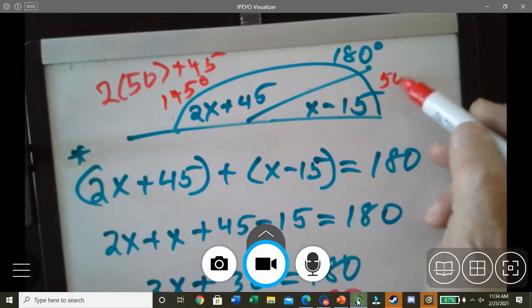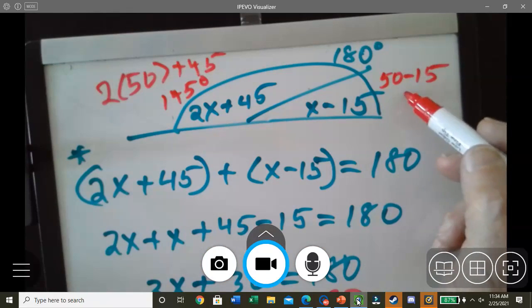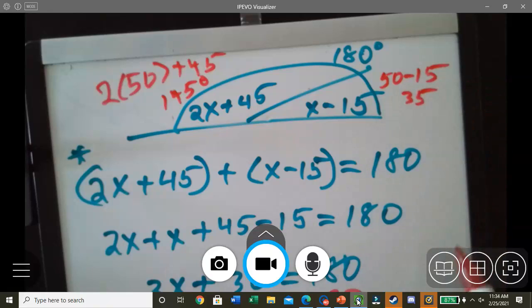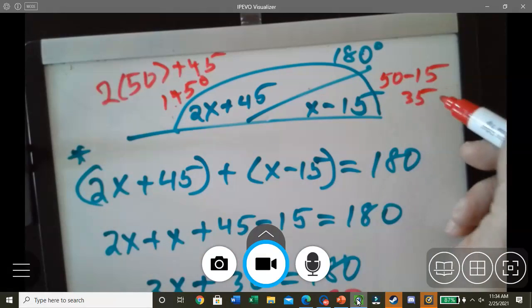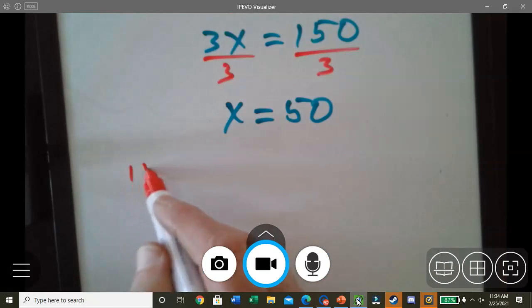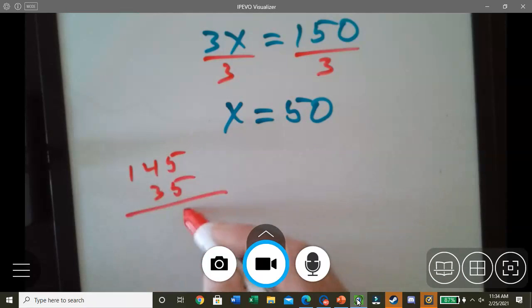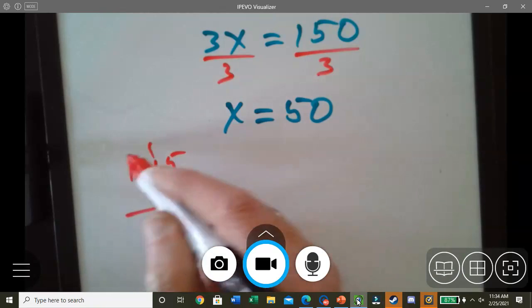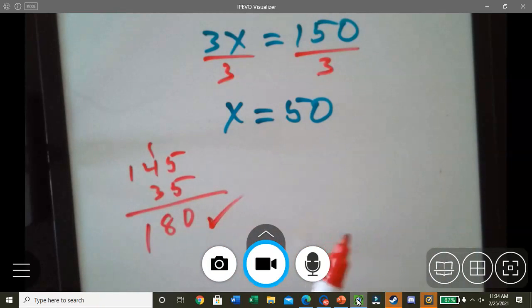Okay, so here, 50 minus 15 is going to be 35, right? So 145 and 35, you can check it, they should add up to 180, right? Well, let's see if it does. 145 and 35, 5 and 5 is 10, that's 180, and it checks.